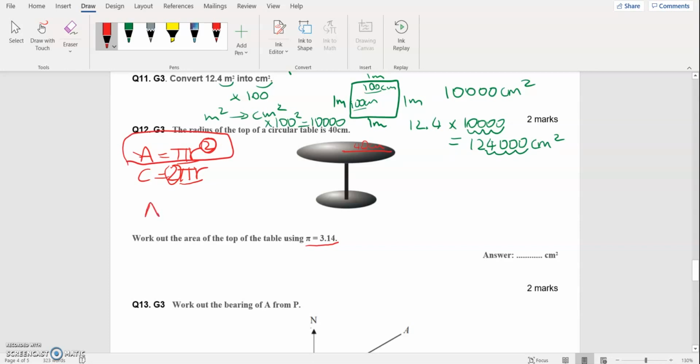So we have A equals pi r squared. Substituting the values, pi in this case has to be 3.14 times r, which is 40 squared, which is 3.14 times 40 times 40, and this is equal to 5,024 centimeters squared.